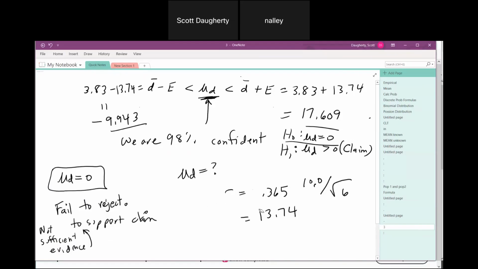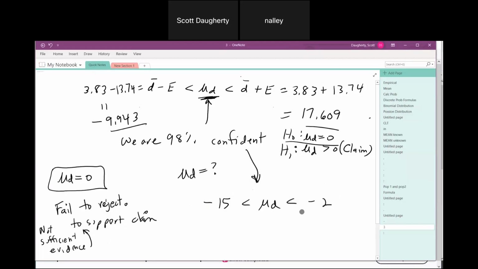Now look, one last thing and then I'll let you go. Suppose the confidence interval was negative 15 up to negative 2, and we're 98% confident that mu sub d is somewhere in here.